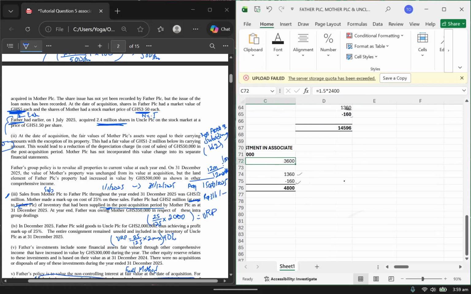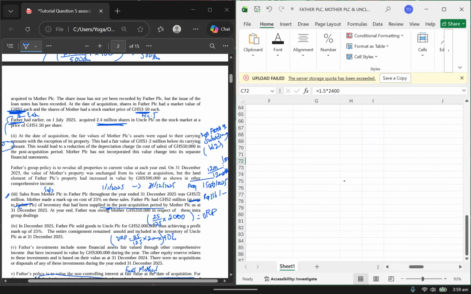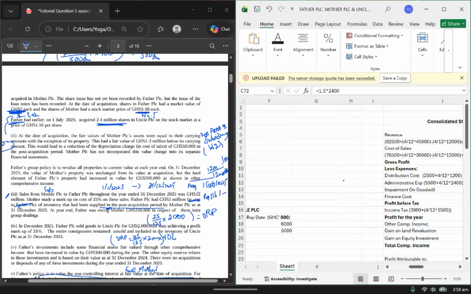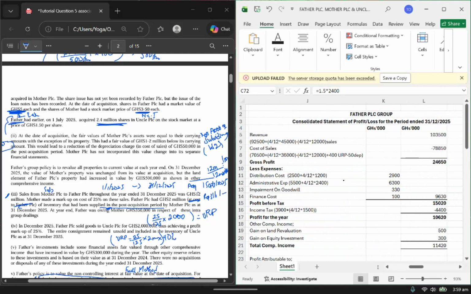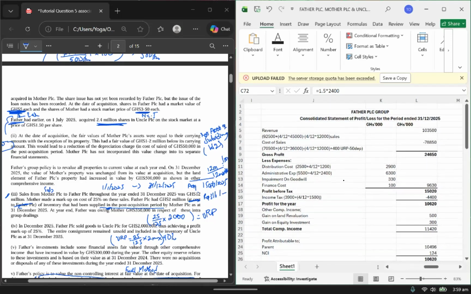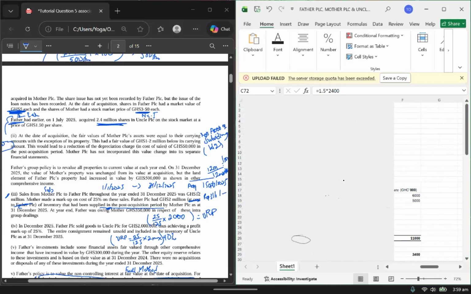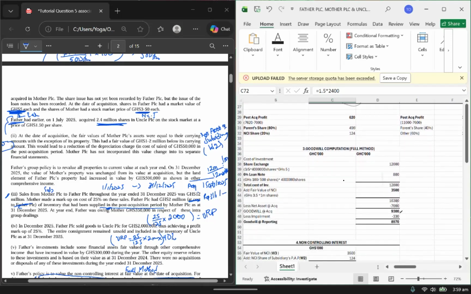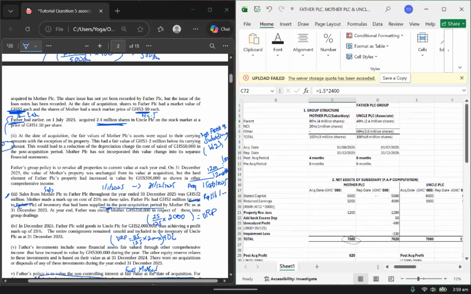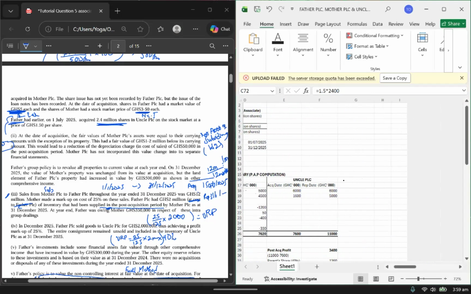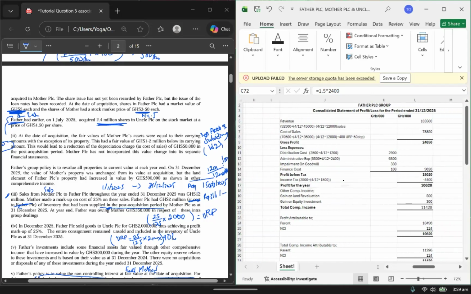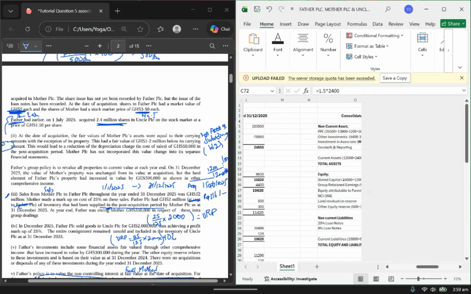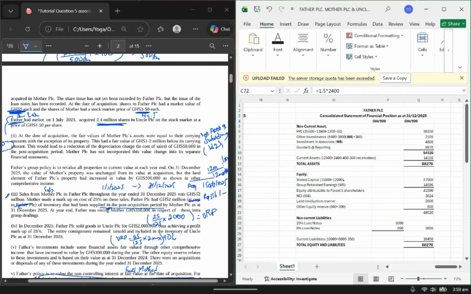Right, let's quickly go to the statement of comprehensive income, the statement of profit or loss. Here it is. The five basic workings are here, and the consolidated statement of profit or loss is also here, and then the consolidated statement of financial position is also here.